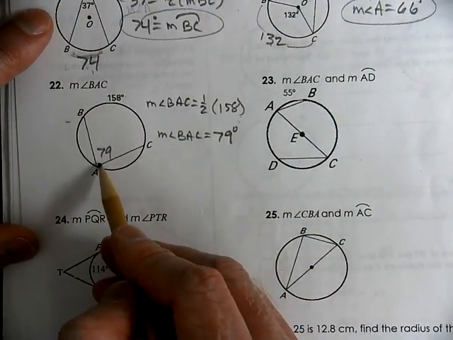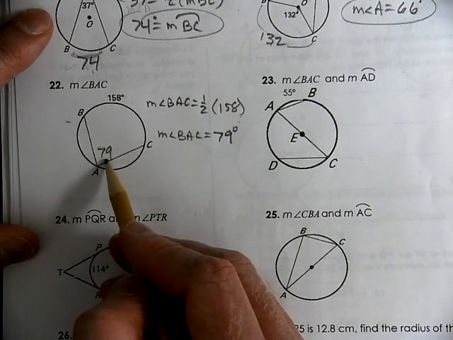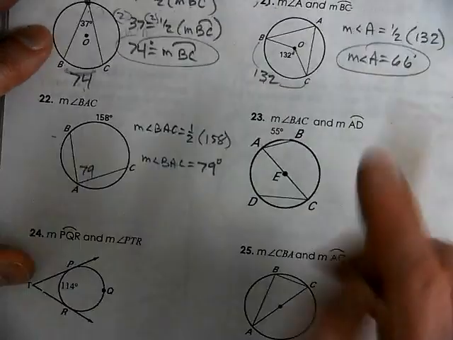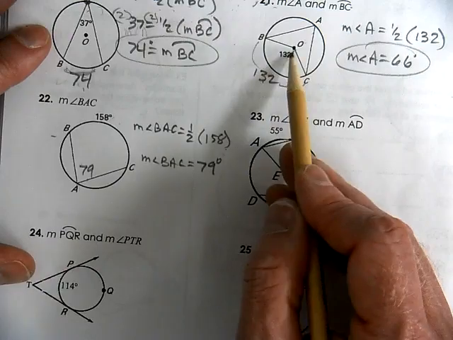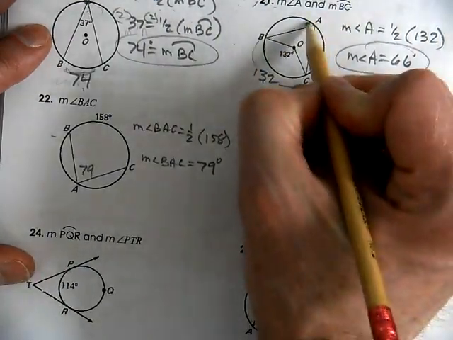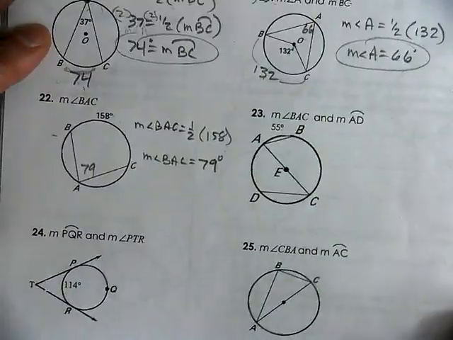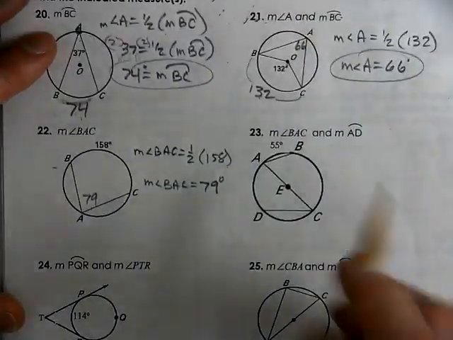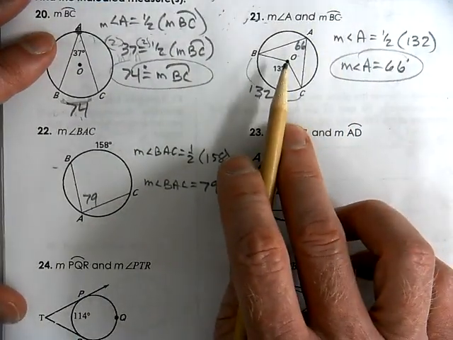The inscribed angle is going to be half. The central angle is going to equal the arc. The inscribed angle is going to be half. You've got to watch the difference between an inscribed angle and a central angle.